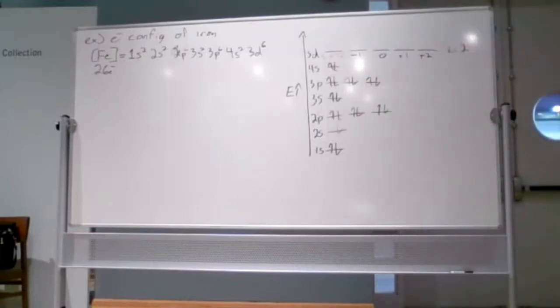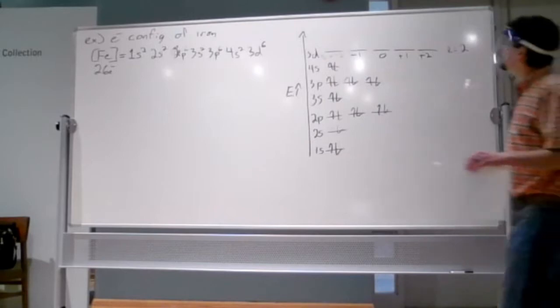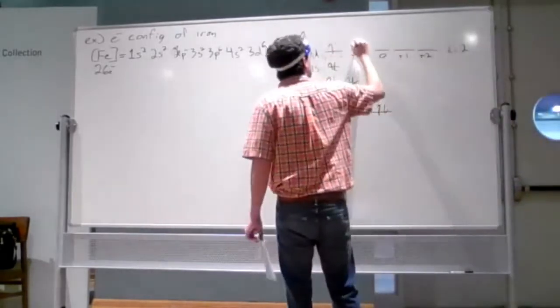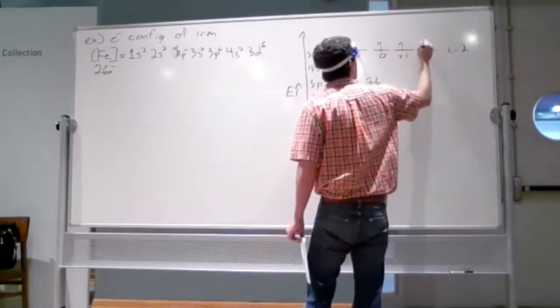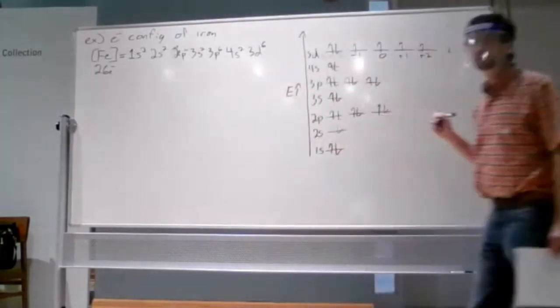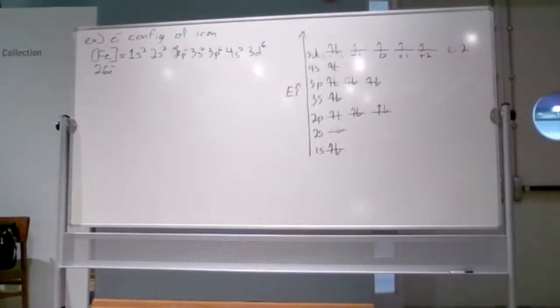Okay, so now we arrive at the point where we have the d orbitals. How am I going to fill these guys? One each, and then one other, and then another one. Sure. That's completely acceptable. Okay. Any questions about that?